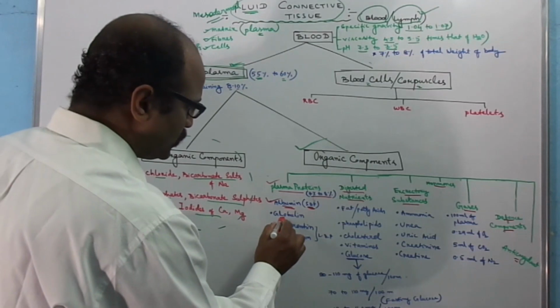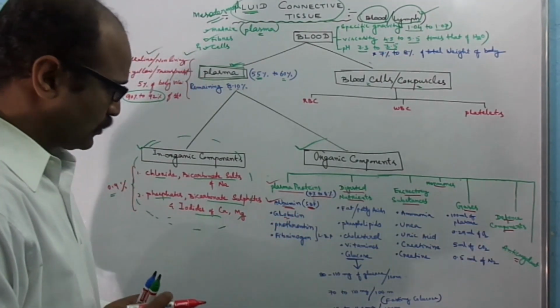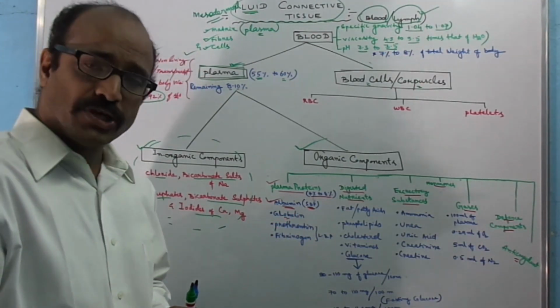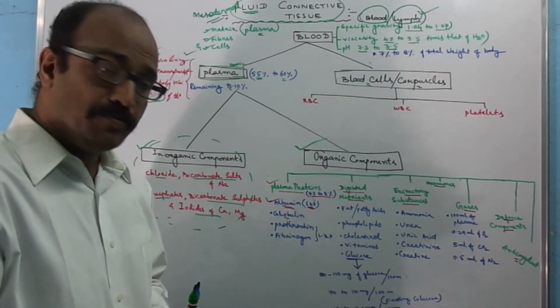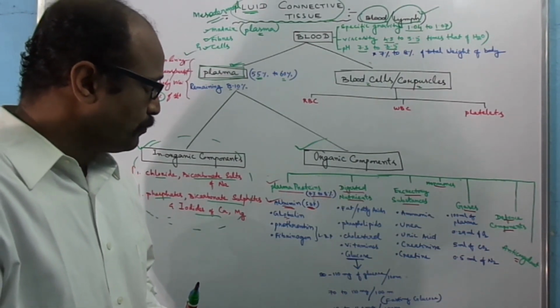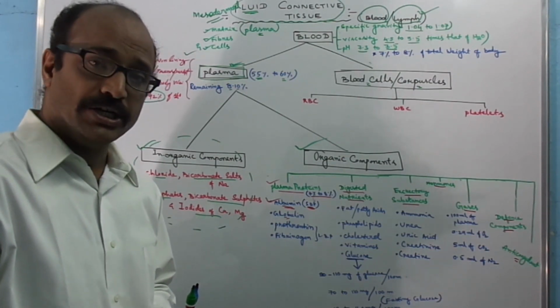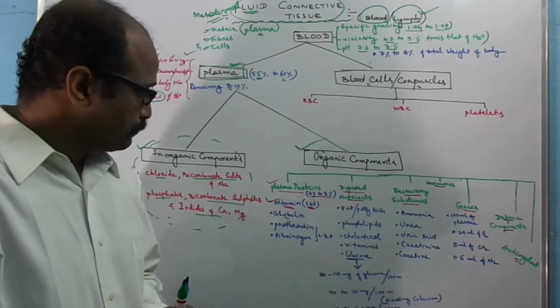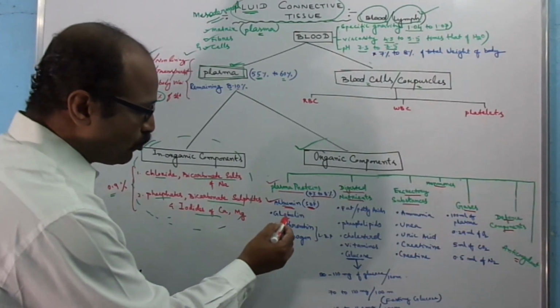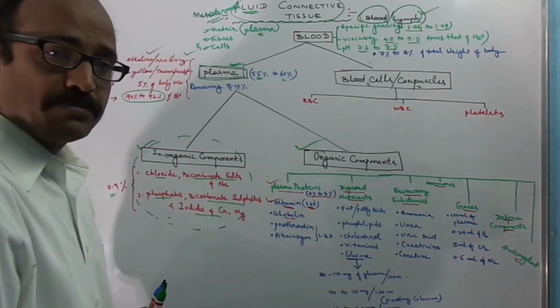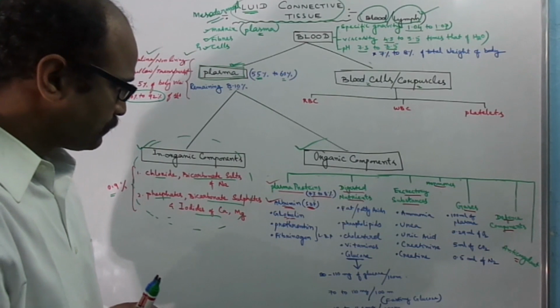The plasma also contains globulin. Globulin is an important part of the immune system and helps in the production of antibodies. These immunoglobulins are secreted from the immune cells.